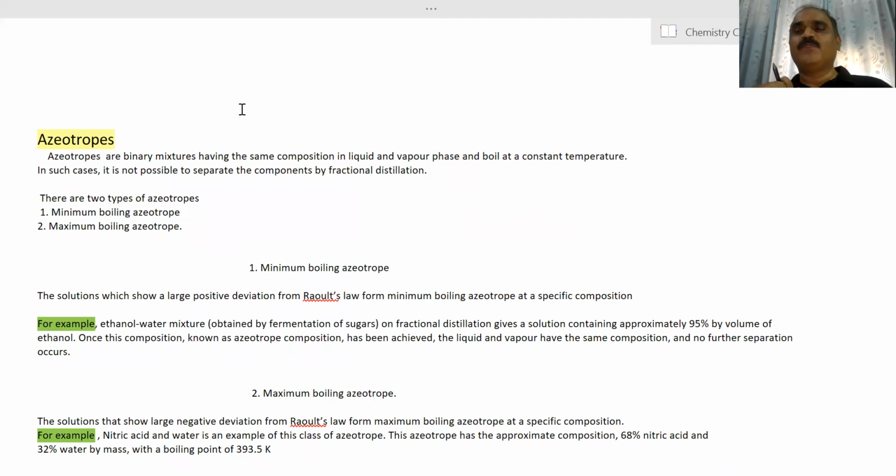No. Due to evaporation, the amount of water has reduced. Salt is non-volatile. So now the mole fraction of salt has increased and that of water has decreased in that solution.